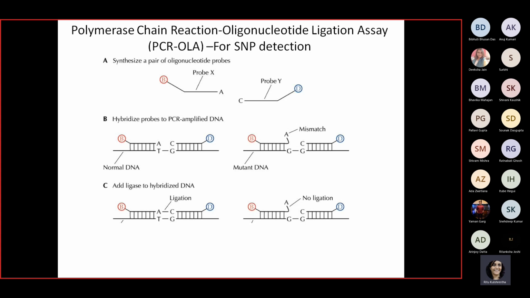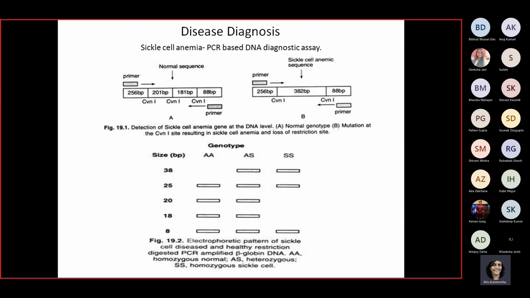These simple facts have been utilized to develop a very sophisticated technique to detect SNPs. It's a very sensitive reaction and highly specific in nature, which is very much required when you are looking for SNPs in a whole population, and trying to figure out that this person maybe is prone to this particular disease, this person is not prone, and so on.